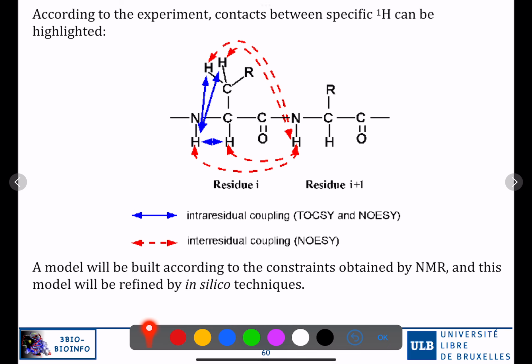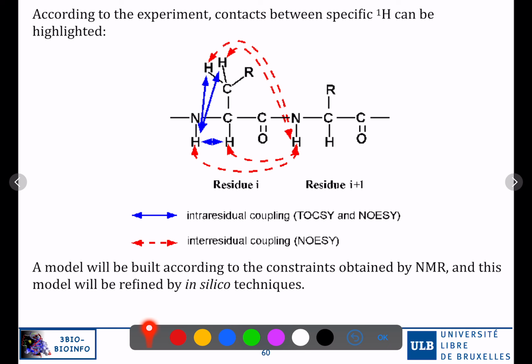And so here you have different types of experiments. The names of these different types of experiments are, for instance, TOCSY or NOESY. And these experiments will reveal some coupling between residues, and from this information you can finally obtain information about which atom is in contact to which atom.